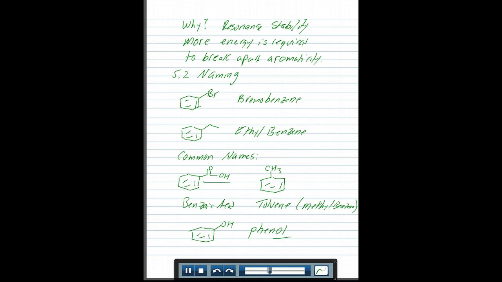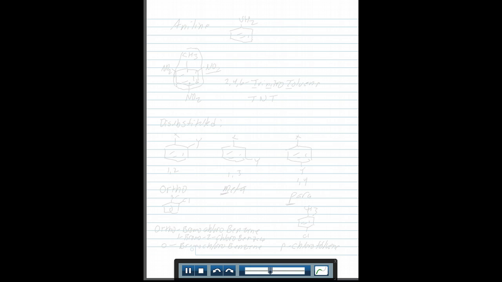These are just a few common ones. Another one is aniline. Aniline has a nitrogen on it, an NH2. That's aniline. So just a handful of common ones that I want you to memorize. Pretty much how you name them.